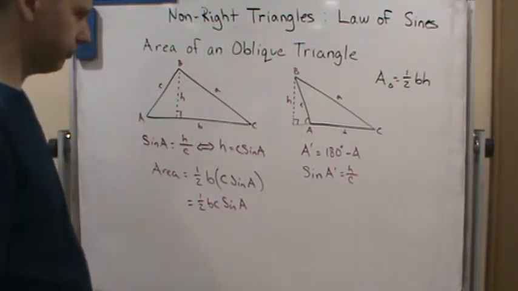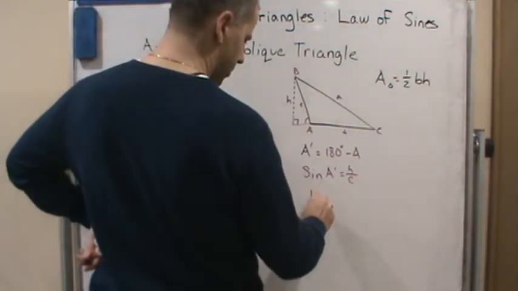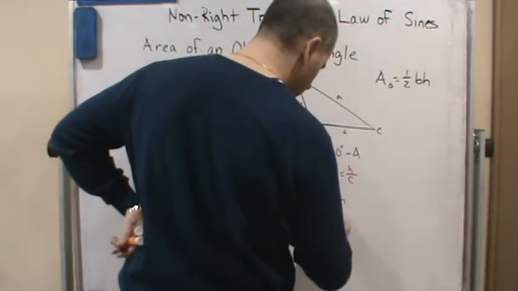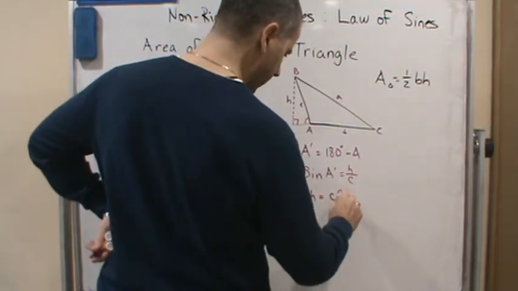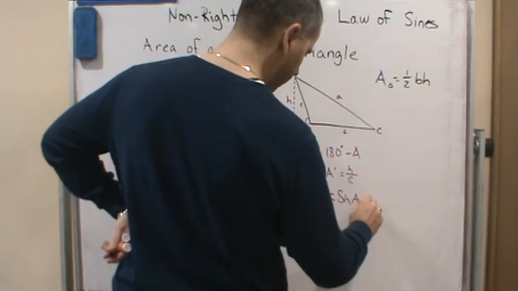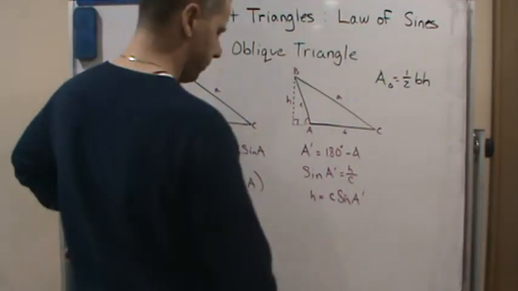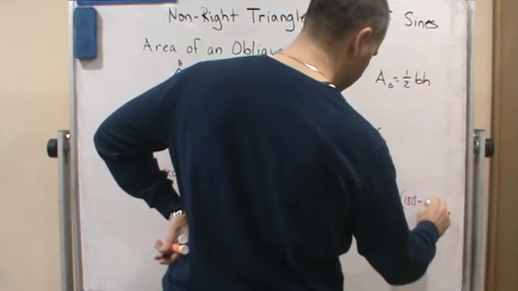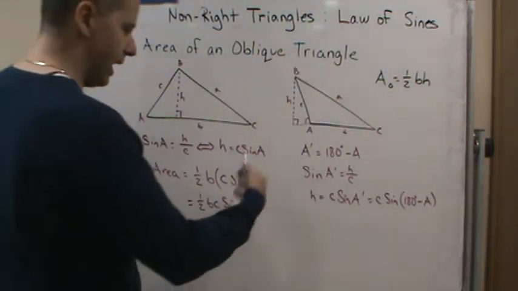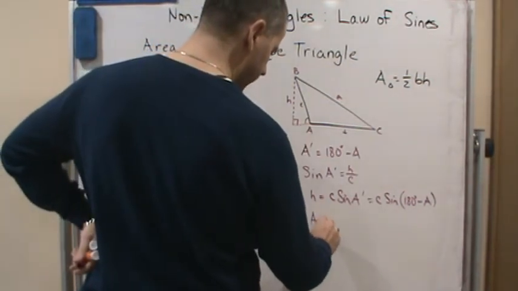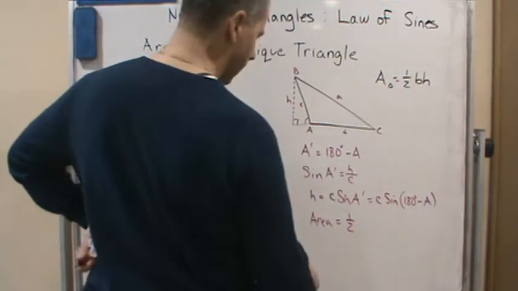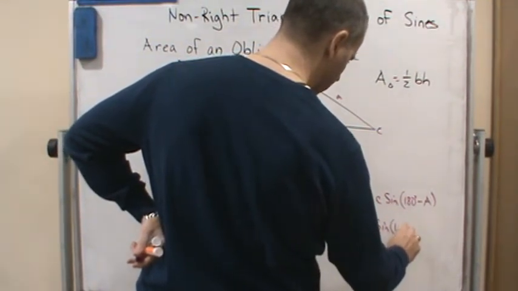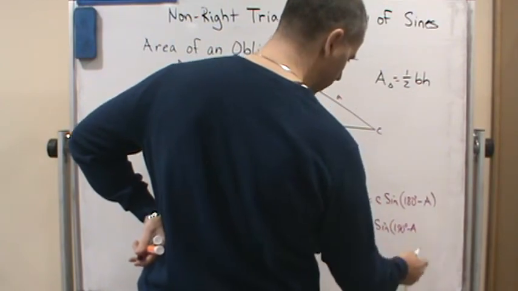H over C. And so we can define H equal to C times sine of A prime, the supplement of A. Or if you want, you could write it as C sine of 180 degrees minus A. Okay, so now in this case, our formula would be area is 1/2 base B times C sine 180 minus A, or A prime.